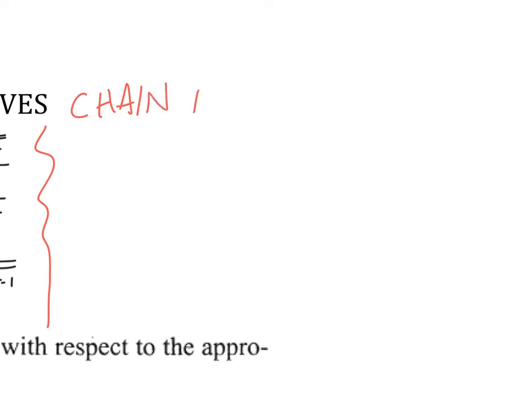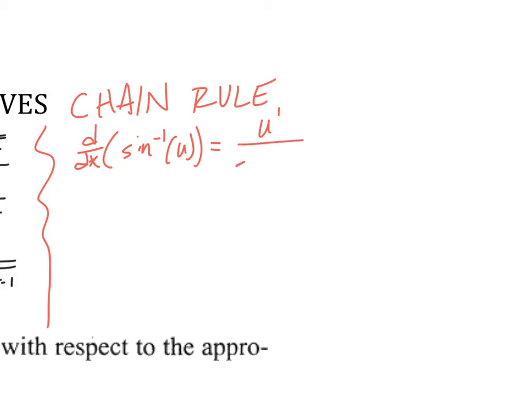Okay, chain rule. Someone may say that this is off the chain. So let's take d dx of, say, sine inverse of some function u, then that's just going to give me u prime over the square root of 1 minus u squared.